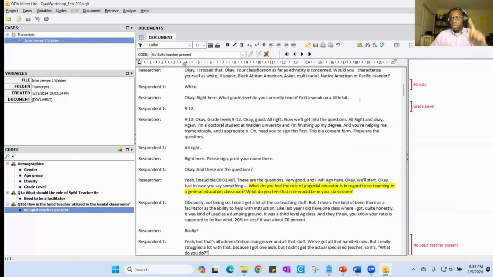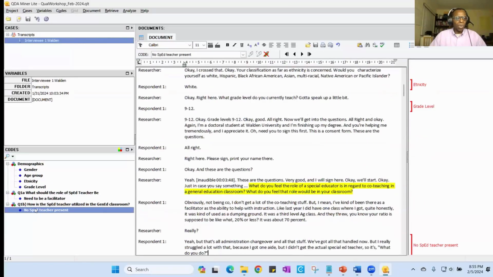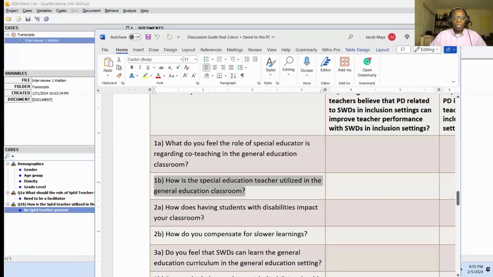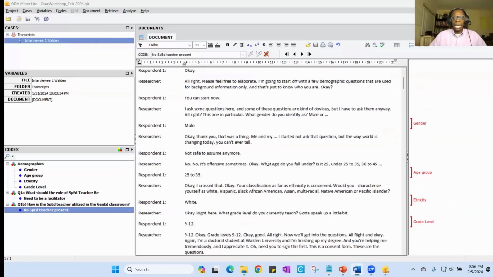Sometimes the response to a question actually comes before the question, but that's okay, right? Because now we've got it coded and it's in the right space. And now we can go on to the second question, which is how does having students with disabilities impact the classroom? That's why we highlight these questions.